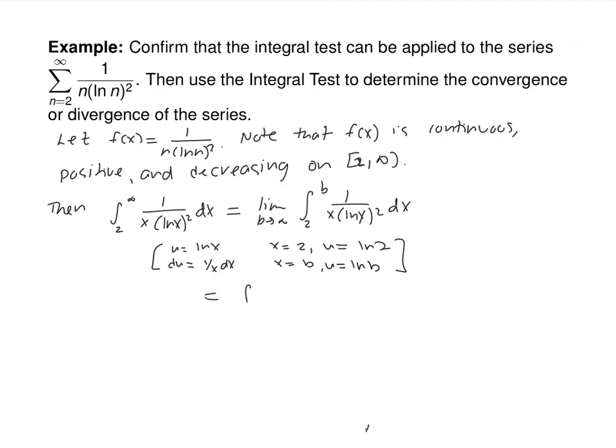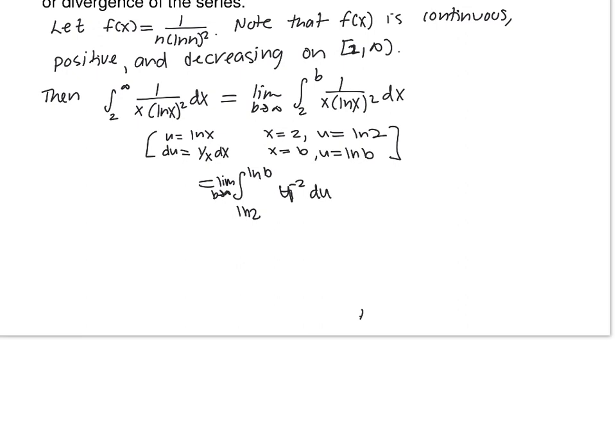So our integral becomes the limit as b goes to infinity, ln 2 to ln b. Inside the integral is just u to the negative second du. So that's the limit as b goes to infinity, negative u to the negative first, evaluated from ln 2 to ln b.